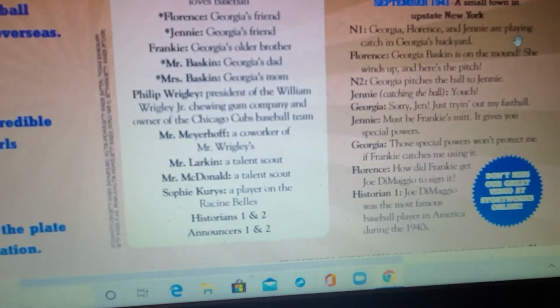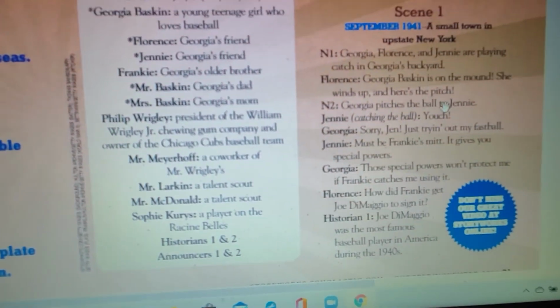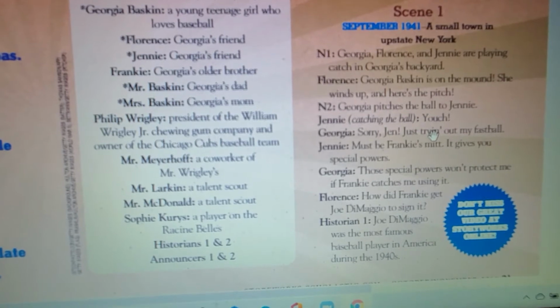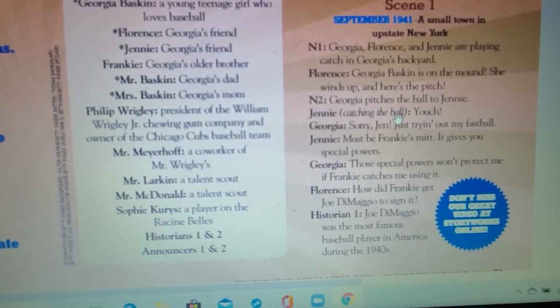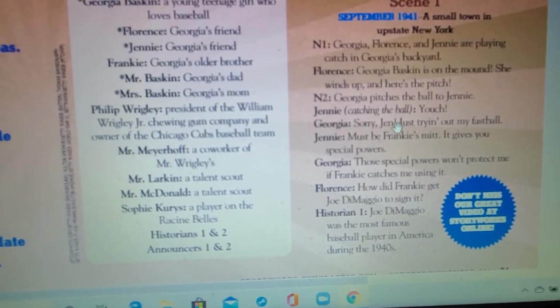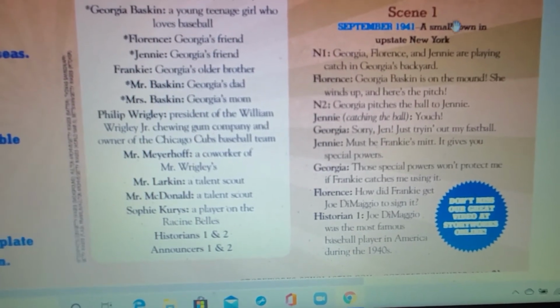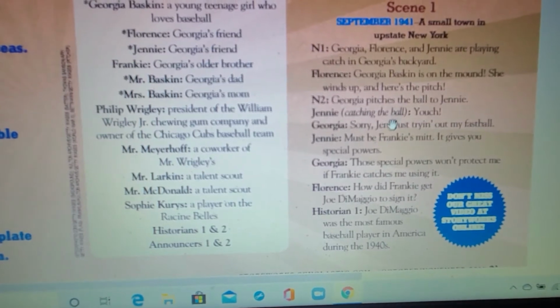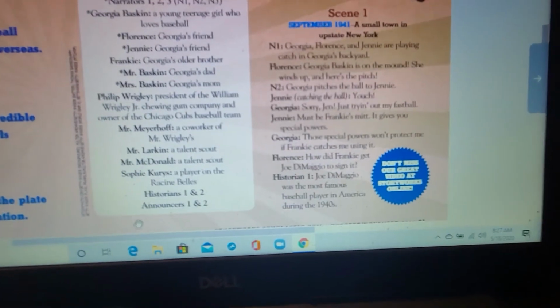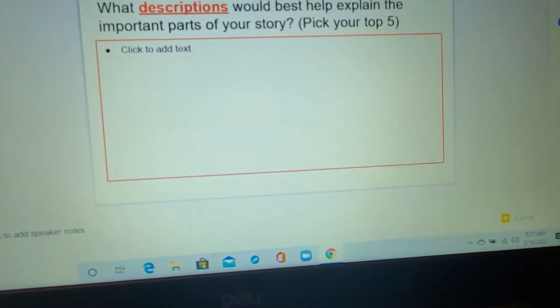So one of the things that I could focus on in my descriptions is that Georgia's constantly playing baseball with her friends. I noticed that even in the first scene, which takes place in a small town in upstate New York. I can type that she's constantly playing baseball, loves baseball.